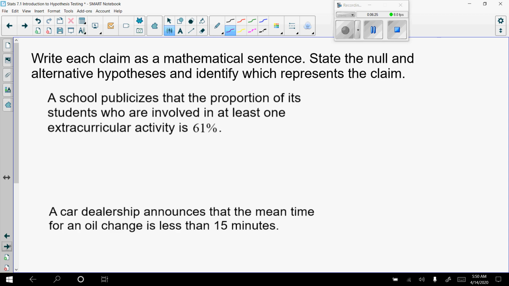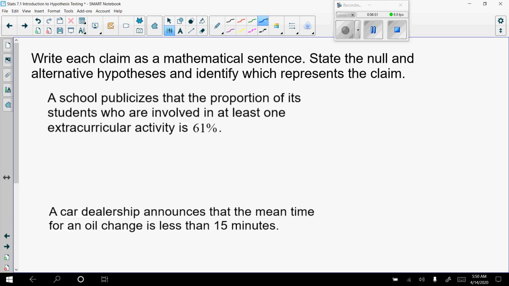So let's practice writing some of these. Write each claim as a mathematical sentence, state the null and alternative hypothesis, and identify which represents the claim. A school publicizes that the proportion of its students who are involved in at least one extracurricular activity is 61%.